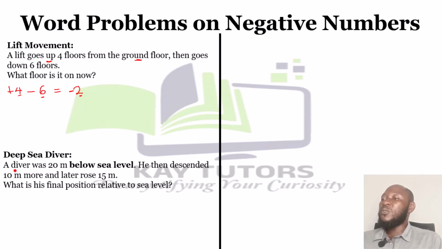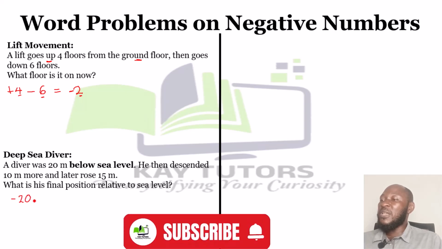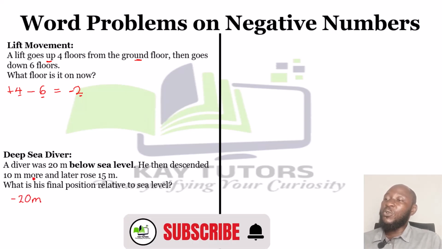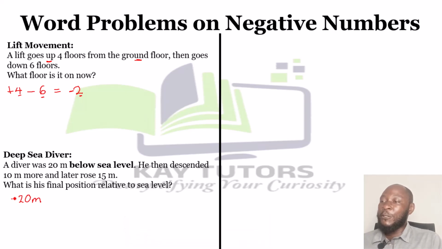Moving forward, let us look at this example. A diver was 20 meters below sea level. Remember, if you are below sea level, it means you are dealing with a negative sign. And then he descended. By descending, he is going further into the sea.